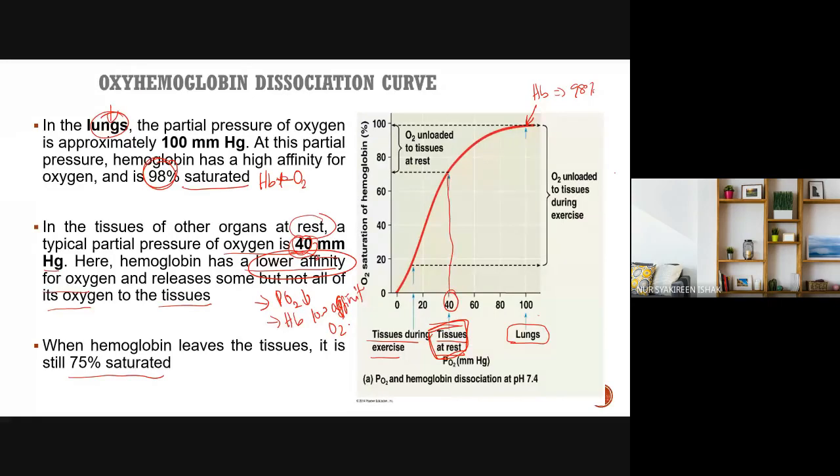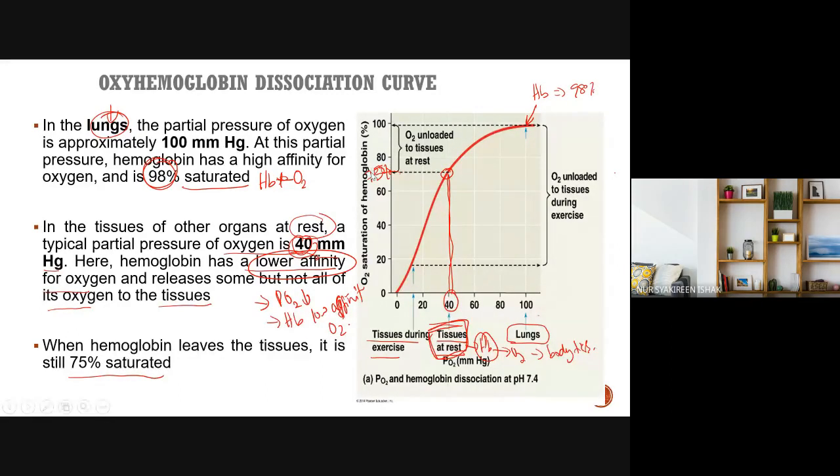Bila dia leave, dia dah supply oxygen, hemoglobin dah release oxygen kan to your body tissue. Okay, so hemoglobin ni does not release all of its oxygen. It releases some, okay. So bila dia keluar daripada body tissues, it is still 75% saturated with oxygen, before it enters back to the lung.